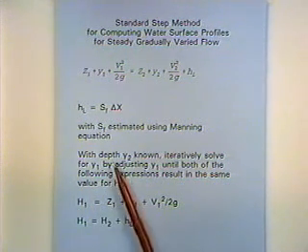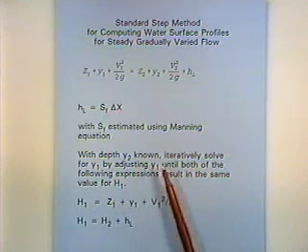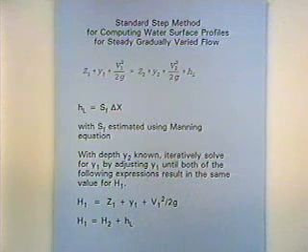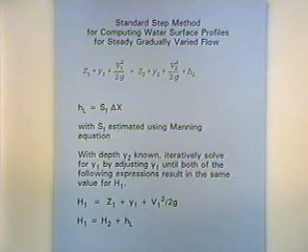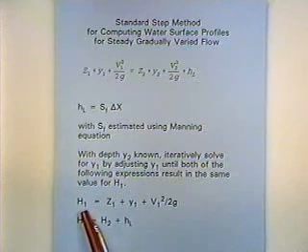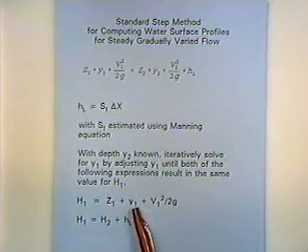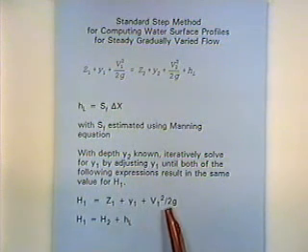And so I've said it this way: with a depth y2 known, we iteratively solve for y1 by adjusting y1 until both of the following expressions result in the same value for h1. h1 is the total head. The total head at the upstream location is the elevation head plus the depth plus the velocity head.